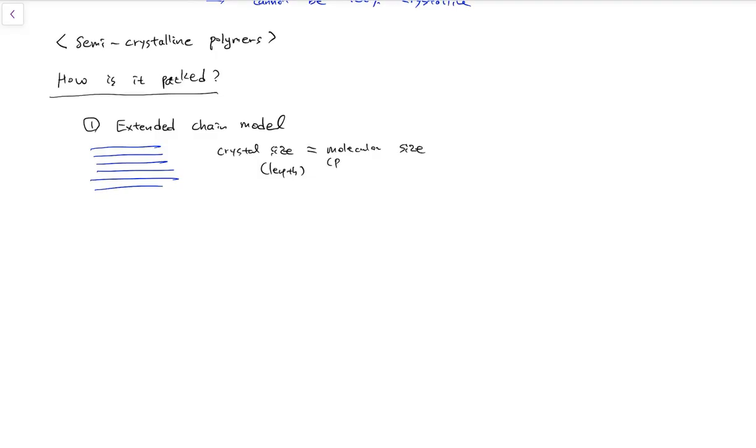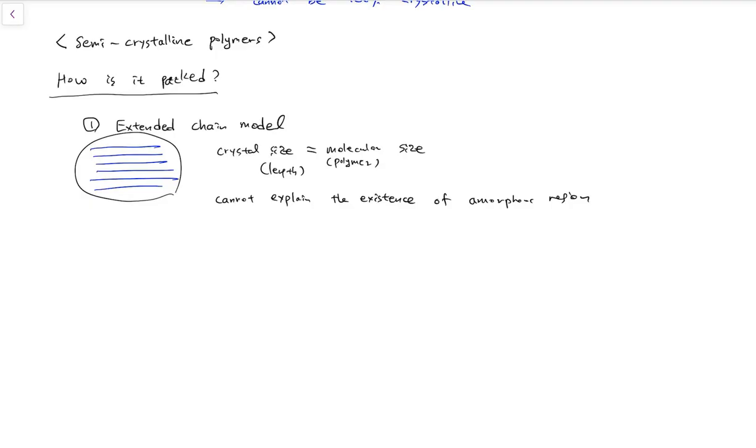Here, molecule denotes polymer. But in reality, it's not true. Another problem of this extended chain model is that it cannot explain the existence of amorphous region. By simply looking at this model, we cannot really explain the existence of amorphous region.